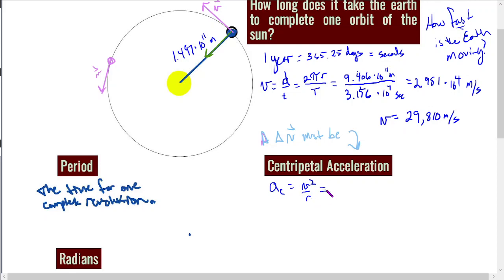Okay. So in this particular case, it's going to be our 29,810, right? So our 2.981 times 10 to the fourth meters per second. And we're going to square that, and then we're going to divide it by our radius.